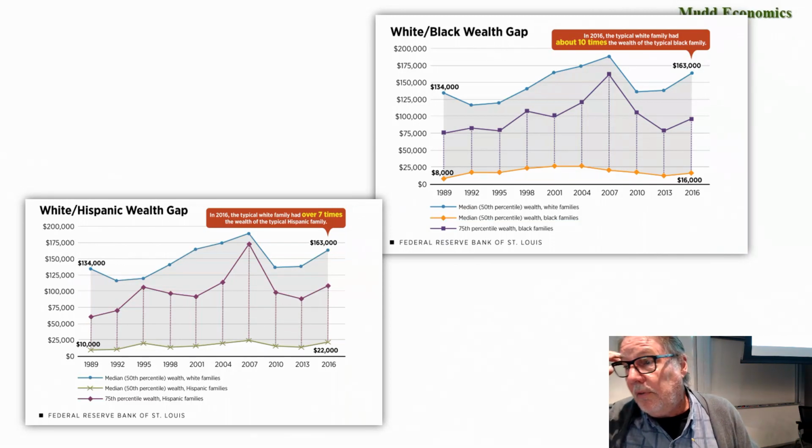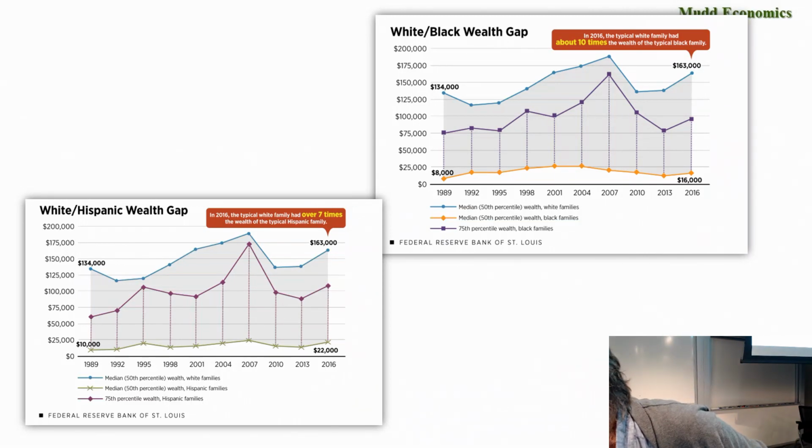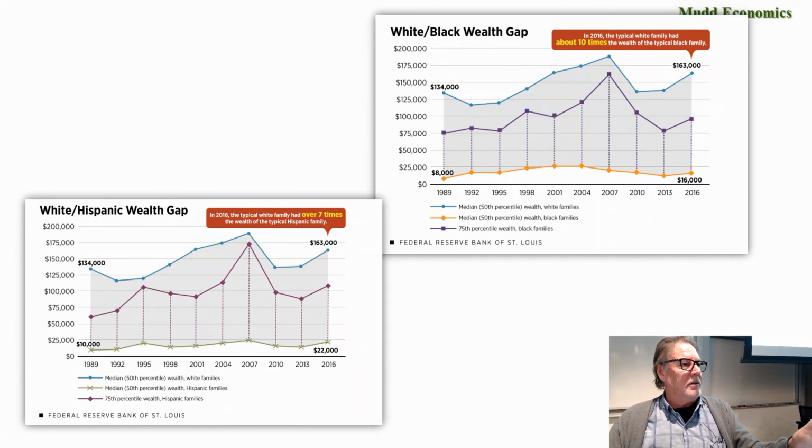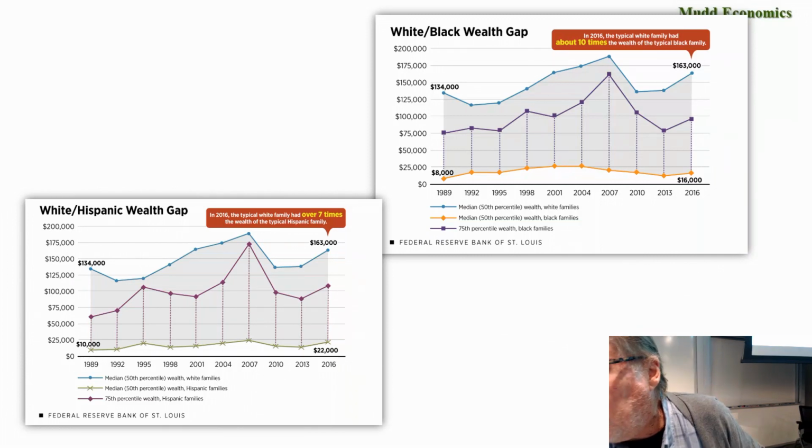Then you see that the median wealth for Hispanic families is actually down quite low, but the 75th percentile for Hispanic families is the red. So even the 75th percentile for Hispanic is not as high as the white, but it approached it, as you can plainly see, in 2007.